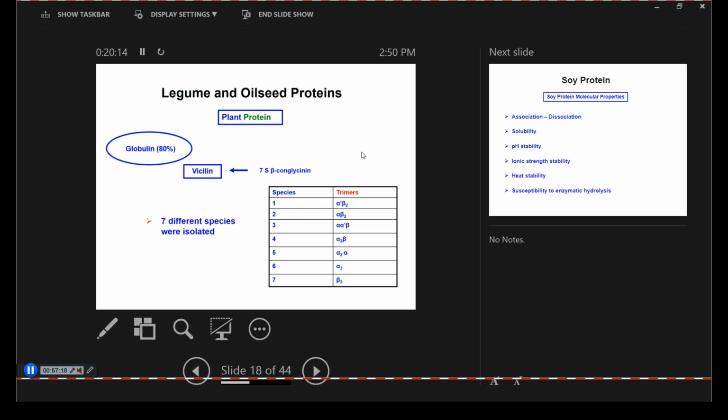So you have trimers that have 2 betas and 1 alpha prime, for example, 1 alpha and 2 betas, or each subunit is different, alpha, alpha prime, or beta, and so on. Some are all homogeneous, so 3 alphas or 3 betas. So they can be a combination of any of those 3 different subunits to form the trimer.